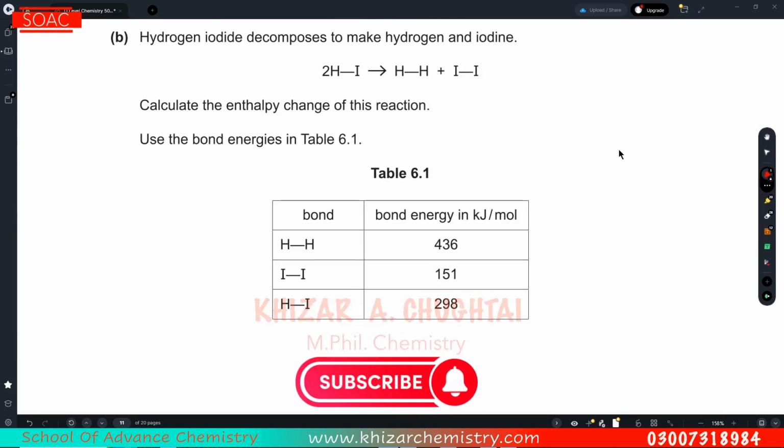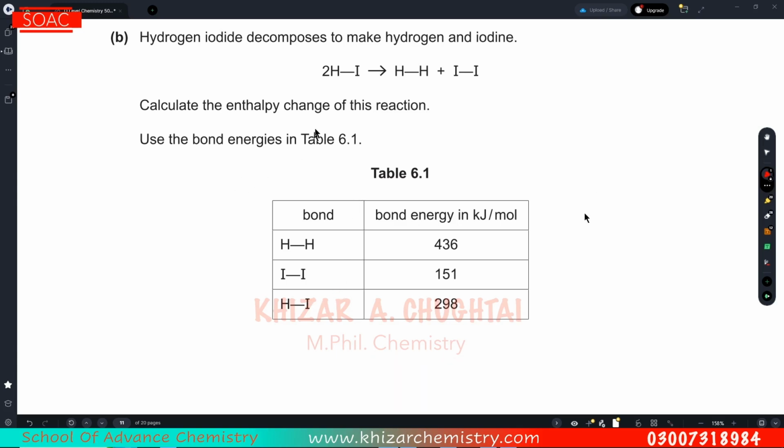Hydrogen iodide decomposes to make hydrogen and iodine. Calculate the enthalpy change for this reaction. Table is given over here. You know the formula of enthalpy change whenever you are going to use the bond energy data. Here are the bond energy data, and that is the bond energy of reactants minus the bond energy of the products.